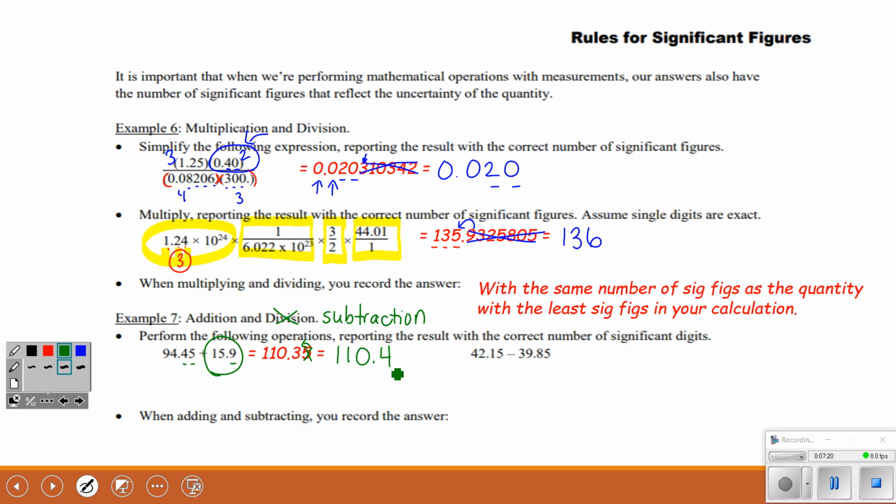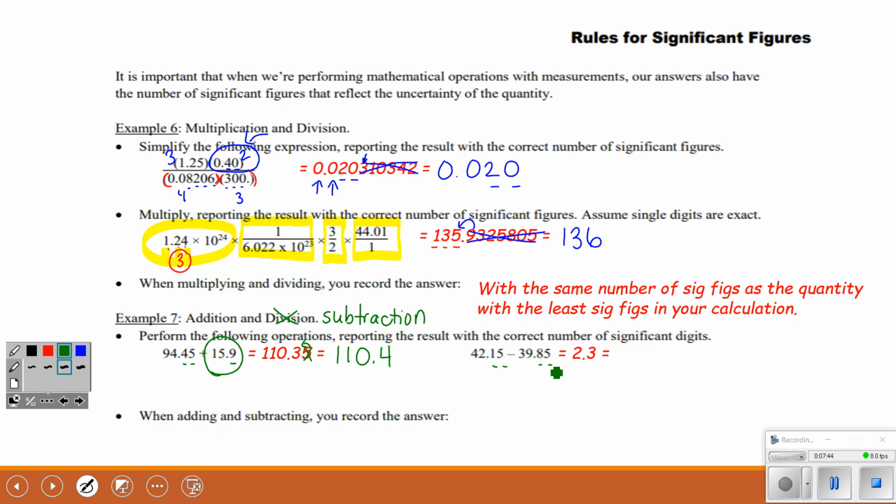Looking at the next one, 42.15 has 2 places past the decimal. 39.85 has 2 places following the decimal. Now, in this instance, when you take these and you do your subtraction, you get 2.3. That is not as precise as your 2 measurements were, so you have to match the precision.